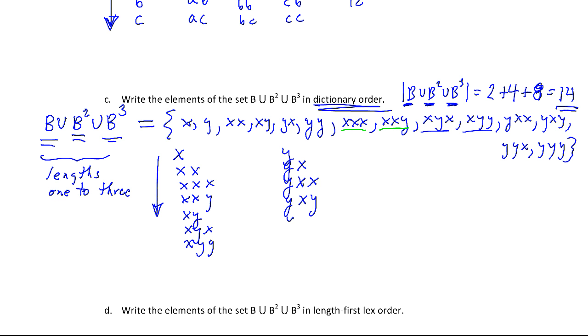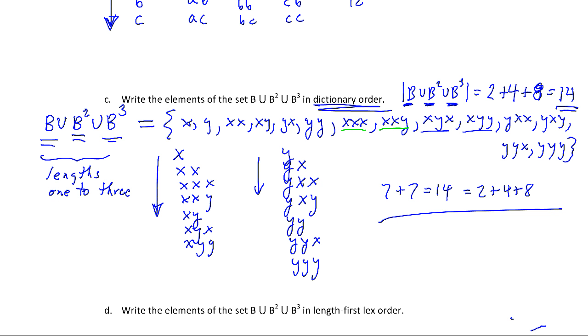Finally, I go to the YYs, and I start with just plain old YY. Then I go to YYX, and then finally YYY. And again, I have 7 elements in my Y section, 7 elements in the X section. 7 plus 7 is the 14, which is also the 2 plus the 4 plus the 8. Okay, so it all works out, and I've got them in dictionary order.